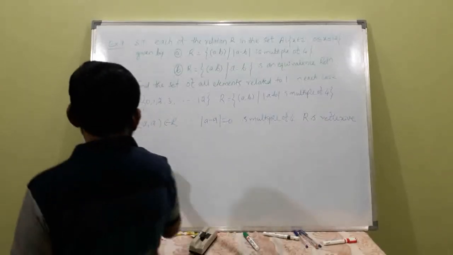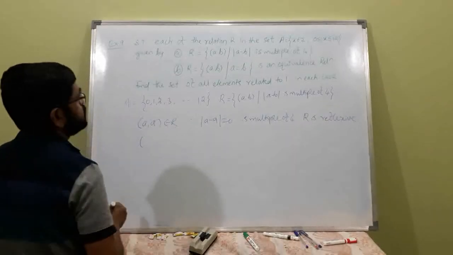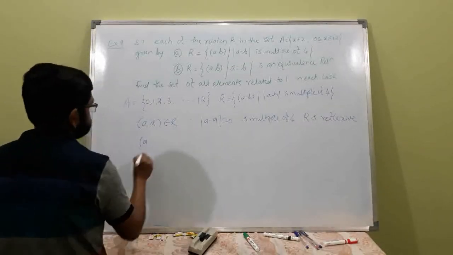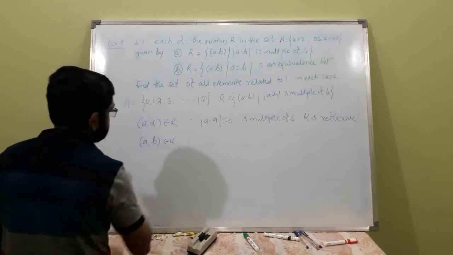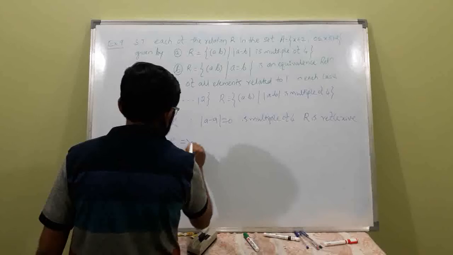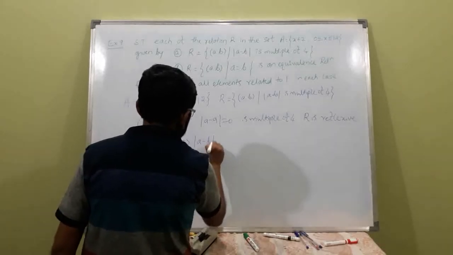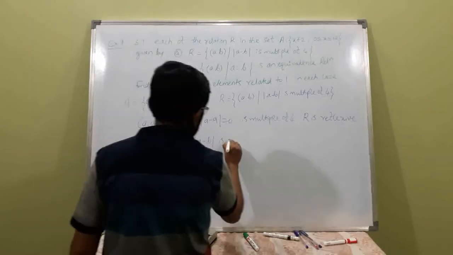Okay. If (a, b) belongs to R implies a minus b is a multiple of 4.